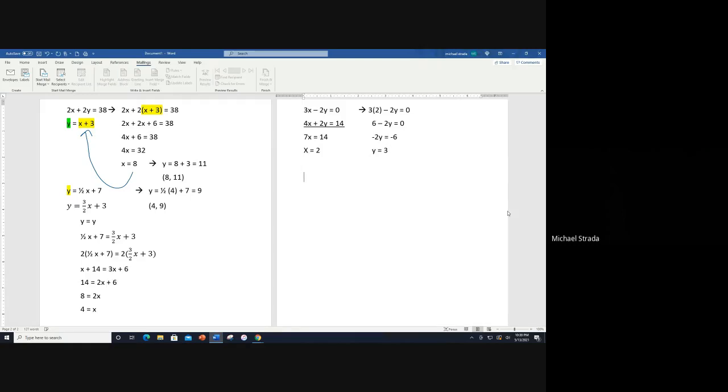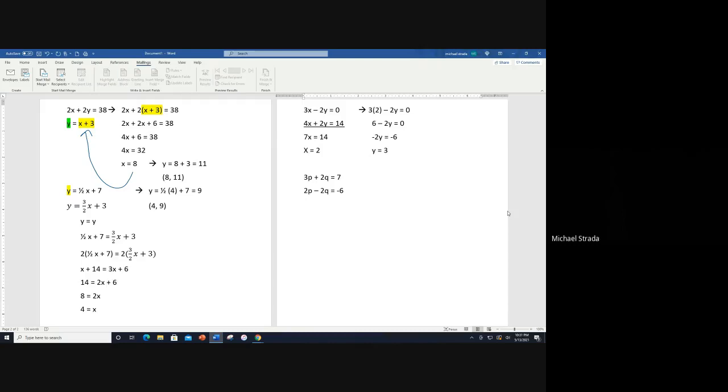Now, if they're not the same, we look for easy ways to make them the same. So if we've got 3p plus 2q equals 7, and 2p minus 2q equals negative 6.